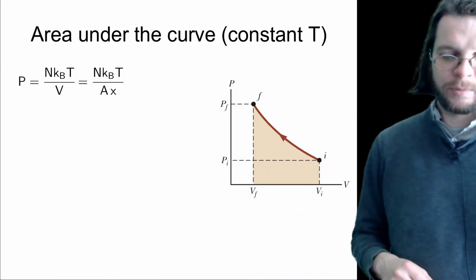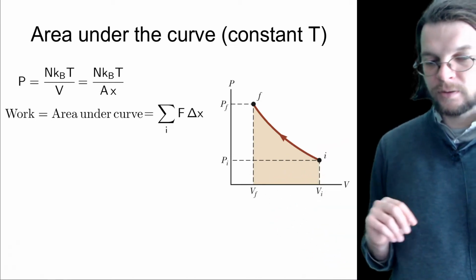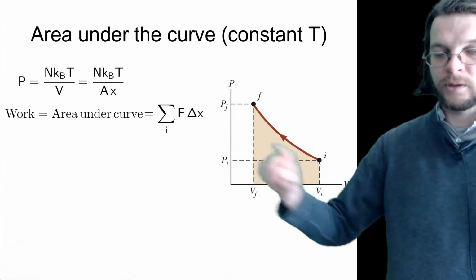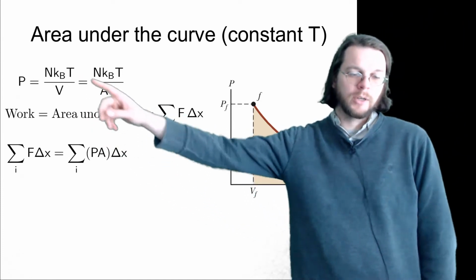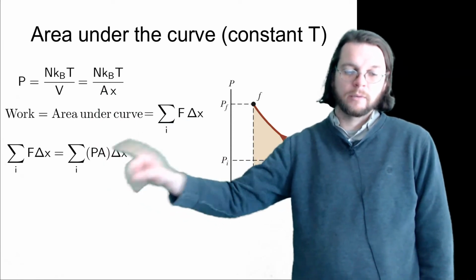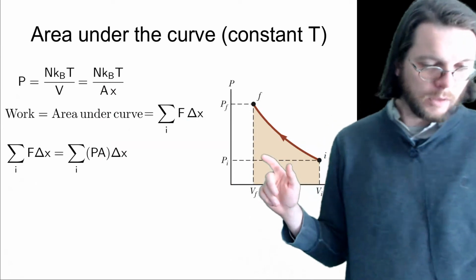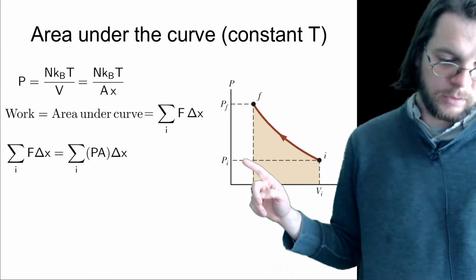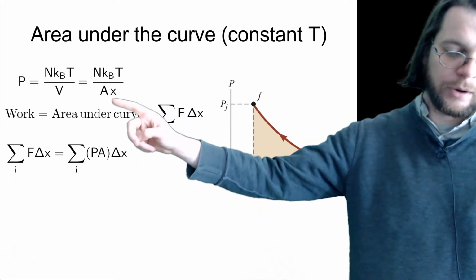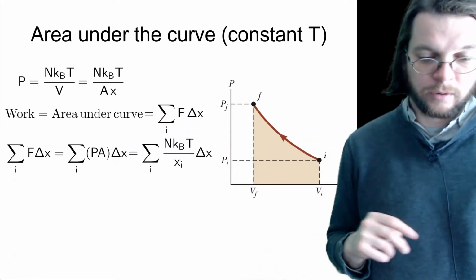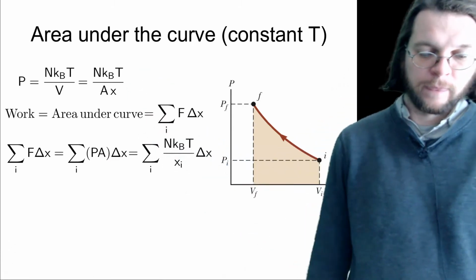And so that's going to be the pressure. You could say the work is the area under the curve. It's also true that the work is the force times the distance. If I take the pressure times the area, that gives us the force, right? And so I can sub this into here. Of course, you notice that the area here is going to cancel with the area there, so there's no factor of A in here anymore.